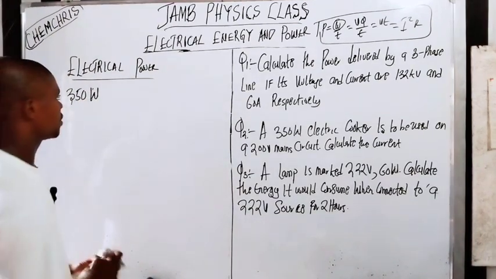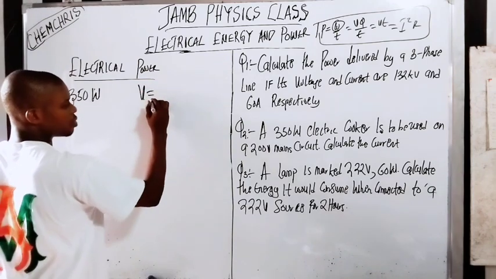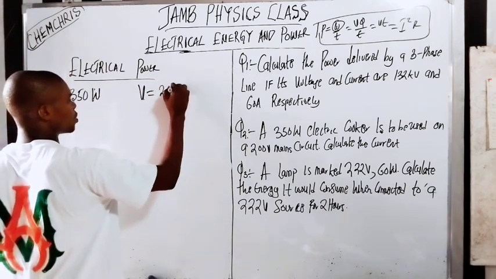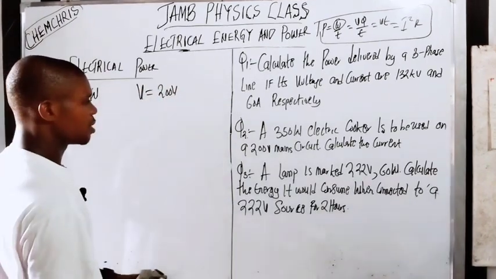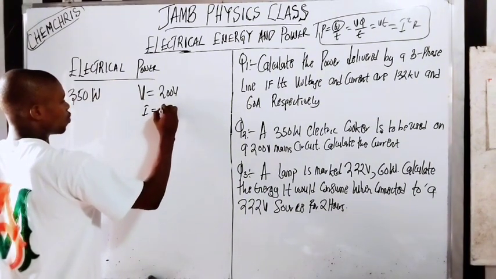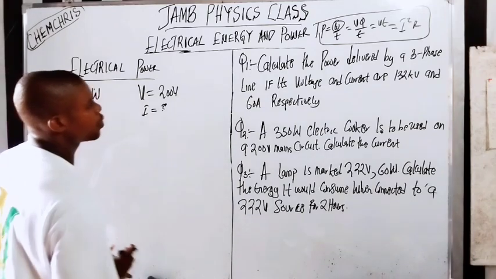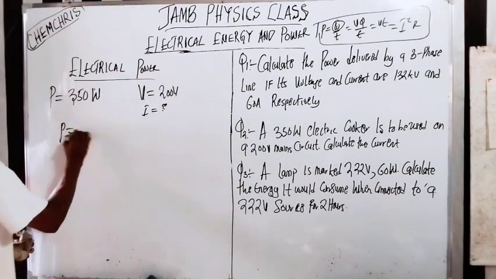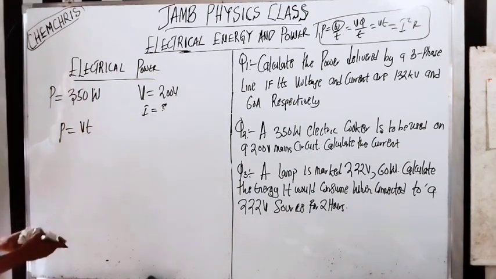And they gave us volts, the potential difference, 200 volts, right? We will calculate the current, which is what you are looking for. So we are using P equals VI, right?